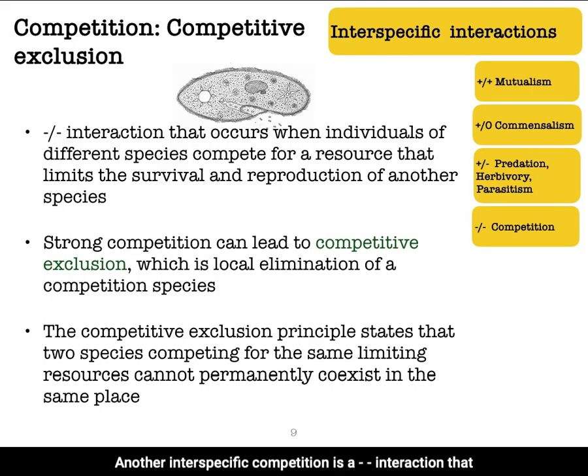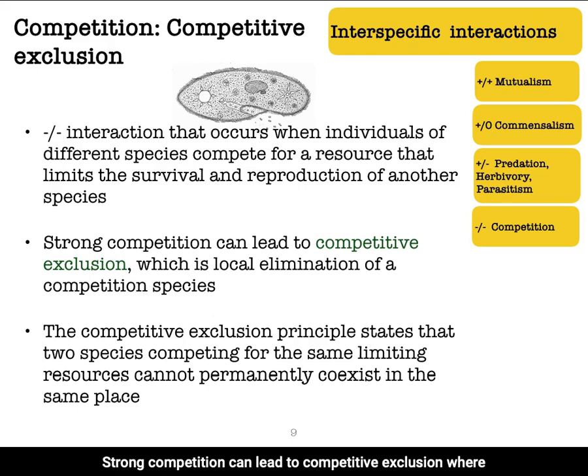Another interaction is interspecific competition, a minus-minus interaction that occurs when individuals of different species compete for a resource that limits the survival and reproduction of each species. Competition can involve nearby plant species competing for nutrients or water, or two different predator species competing for the same prey species.